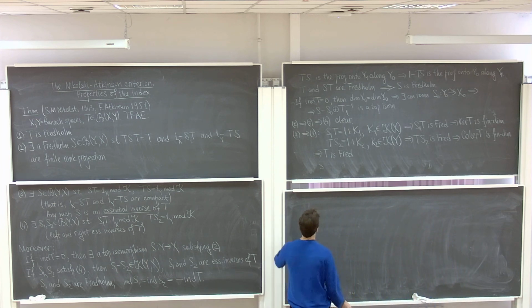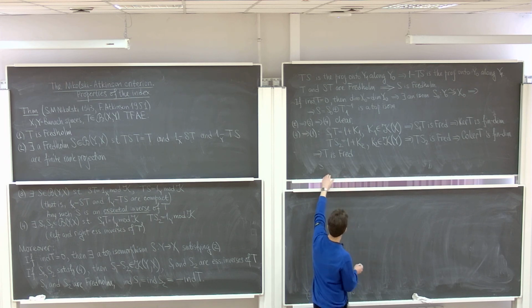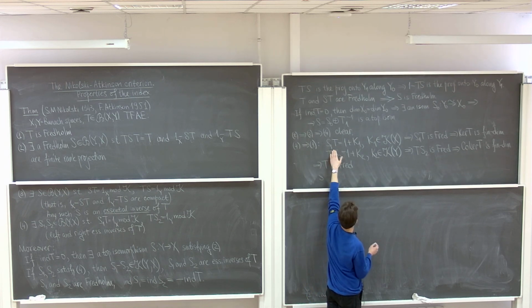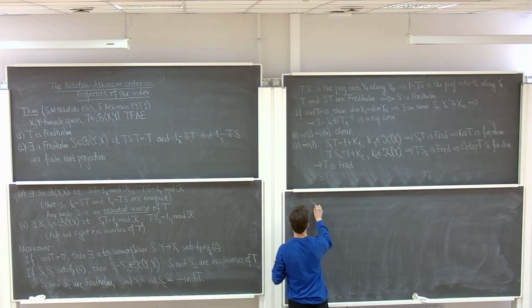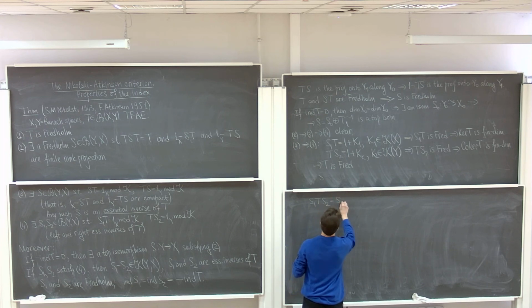Okay, so now S1T is 1 plus K1. If I multiply this equality on the right by S2, we see that S1TS2 equals S2 plus K1S2.